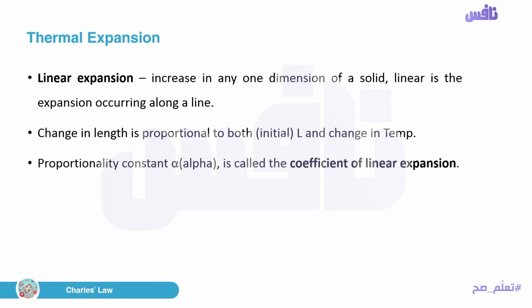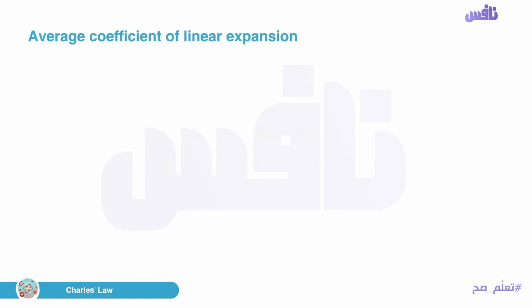So we can say that the proportionality constant, my friends, is alpha. This one is called the coefficient of linear expansion. And now we must deduce the relation of alpha to solve the problems. So now, the average coefficient of linear expansion.